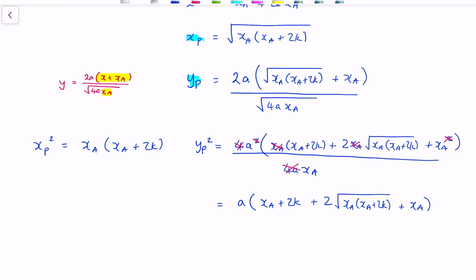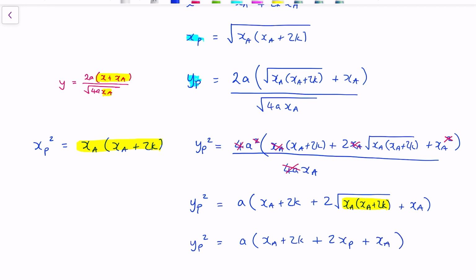That's yp all squared. Now at this point, if I want to find its equation, I can drop the yp and the xp sort of notation. But I need to find a way of putting this xp into the equation. And can you see that xa times xa plus 2k is this here, so that's xp all squared. So I can square root that. And it gives me 2 times xp.